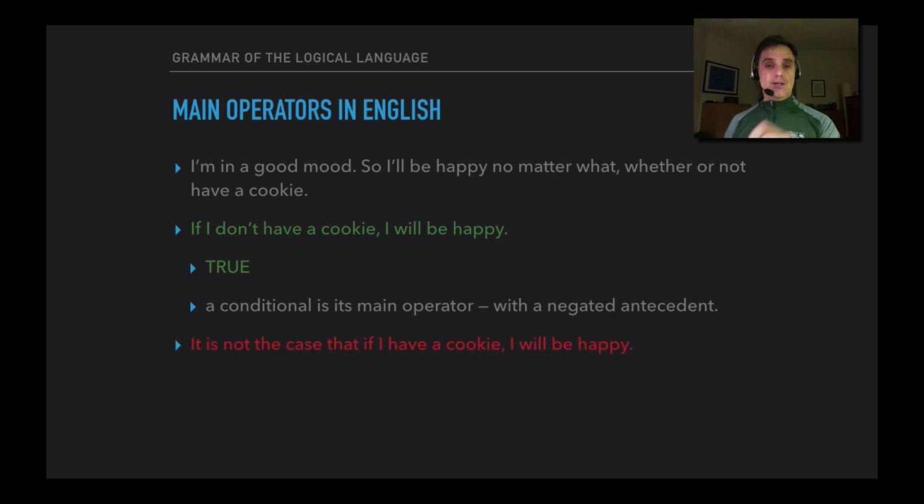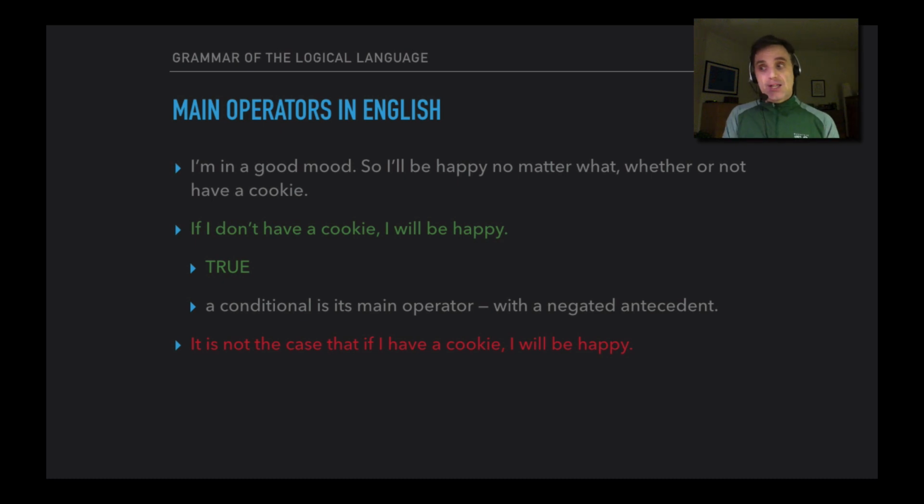And now let's look at this sentence. It is not the case that if I have a cookie, I will be happy. This sentence is false, right? What does this sentence say? Well, imagine, if I have a cookie, I will be happy. So there's that sentence, and that sentence is true. The sentence we're looking at is the negation of it, and it says that conditional is false. Well, no. The conditional is true, and so the negation of the conditional is false.